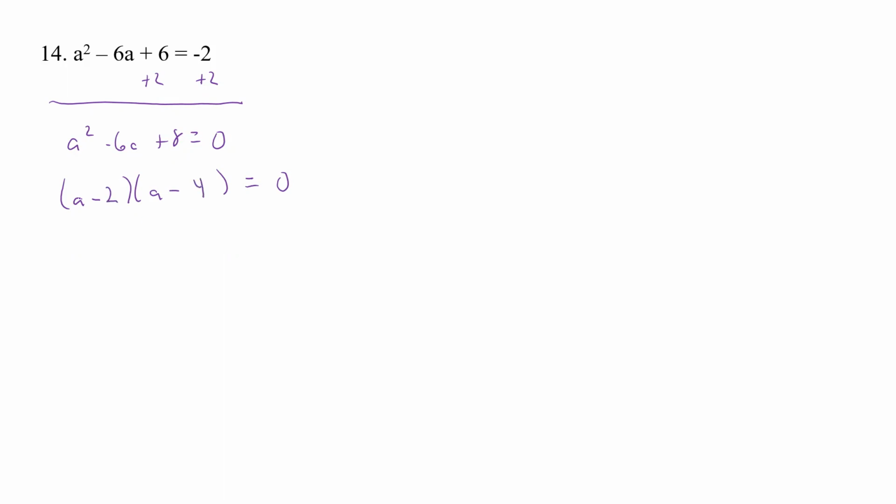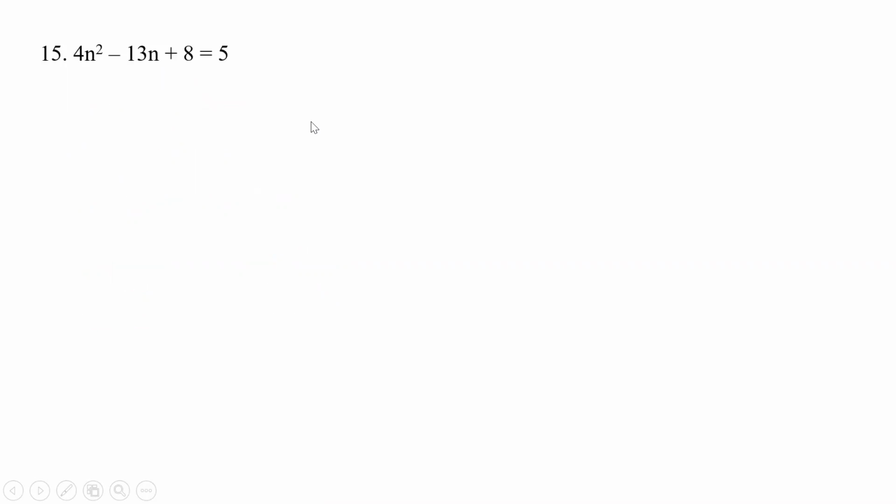So that's going to be our two factors: a squared, minus 2a minus 4a is minus 6a, plus 8. We set each factor equal to 0 and get a equals 2 and a equals 4. Again, all we're doing is adding 4 to both sides, and here adding 2 to both sides, to get our final values for a.